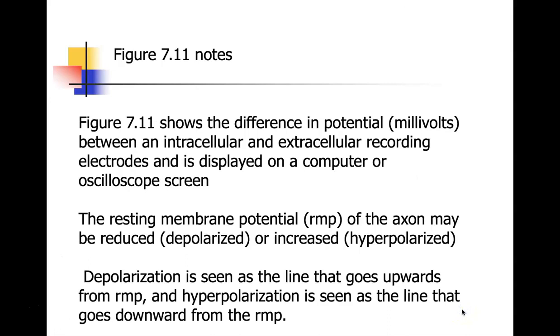Now go to your book and look at figure 7.11, because this figure shows the difference in potential in millivolts between an intracellular and extracellular recording, displayed on a computer or an oscilloscope. The RMP of the axon may be reduced, depolarized, or increased, hyperpolarized. So depolarization is seen when that line goes up, hyperpolarization when it goes down.